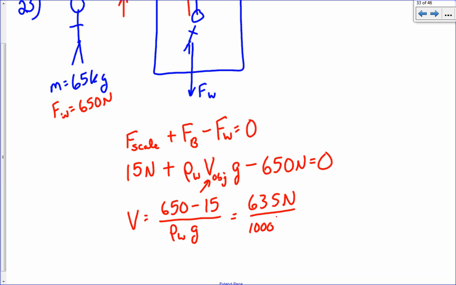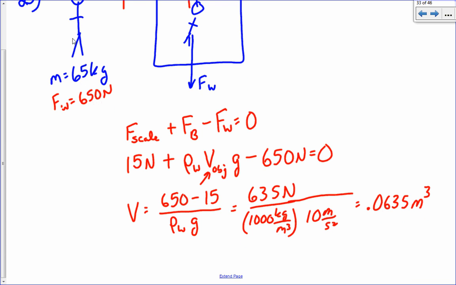I'll need it in SI units, 1,000 kilograms per cubic meter. I'll provide that to you, times 10 meters per second squared. And I get 0.0635. This is in cubic meters. So that's his volume, 0.0635 cubic meters. Let me just make sure I got the right number.